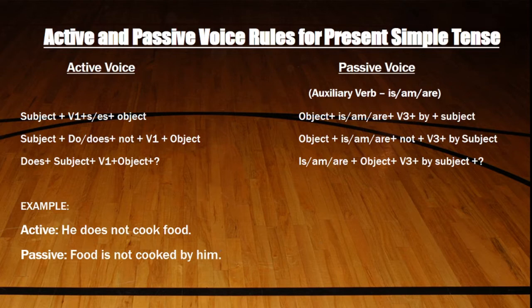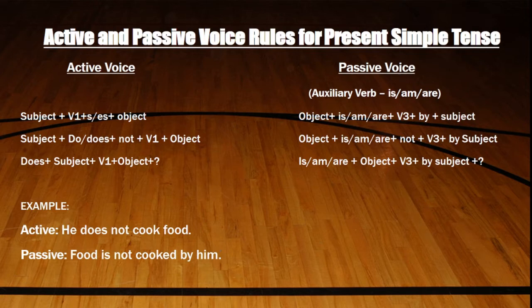He, right? And in the passive voice, it's him. So we have it as "He does not cook food," and the passive voice becomes "Food is not cooked by him." So you see, this is the most important thing here, children.